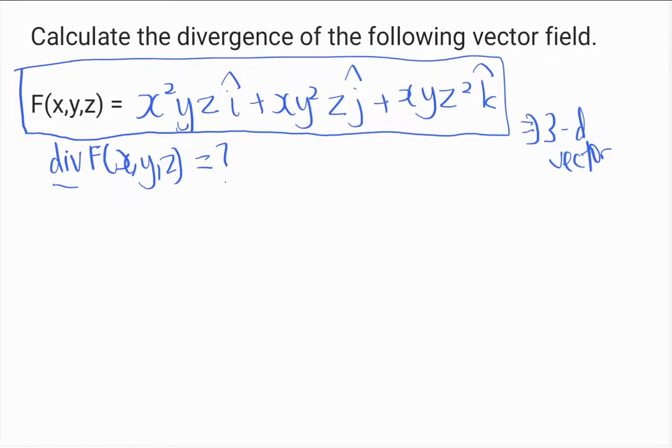So how do we do it? Simple. The formula to find the divergence of the vector is the dot product of the partial derivatives and v.